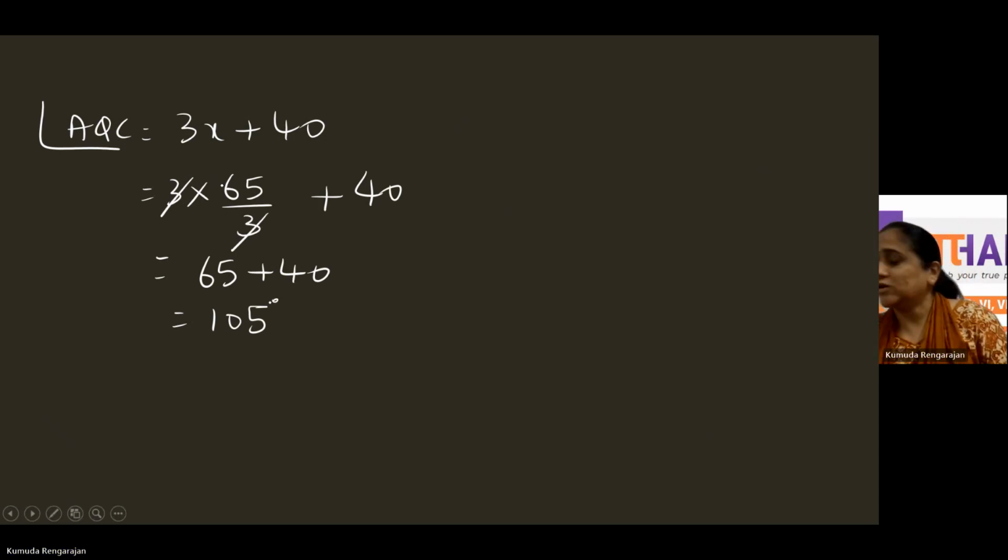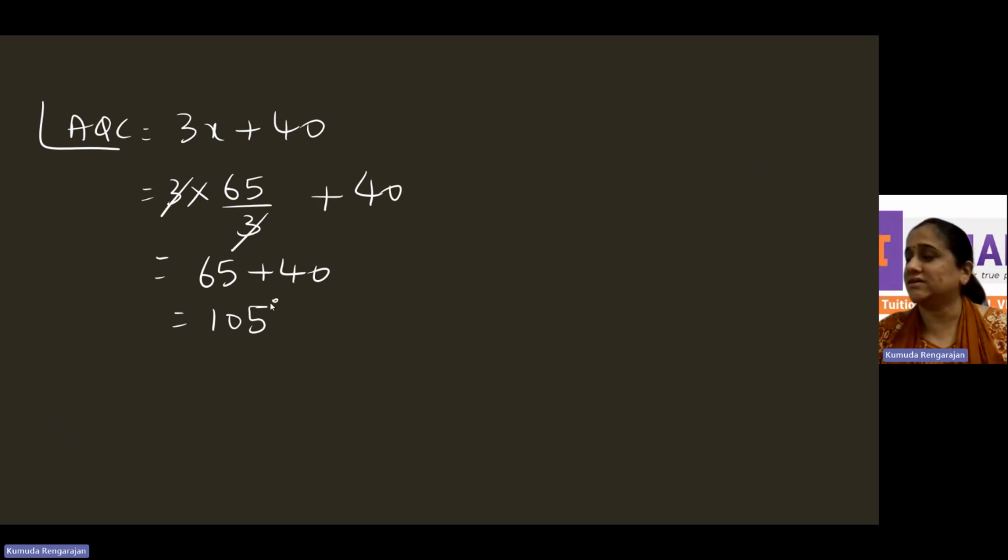Don't find the other angle, that's not asked. So 105 degrees. See, though we got X as a fraction, look at angle AQC: 105 degrees. That's why I said leave it as a fraction like that. Don't divide and find the decimal value. That's not needed. Waste of time.